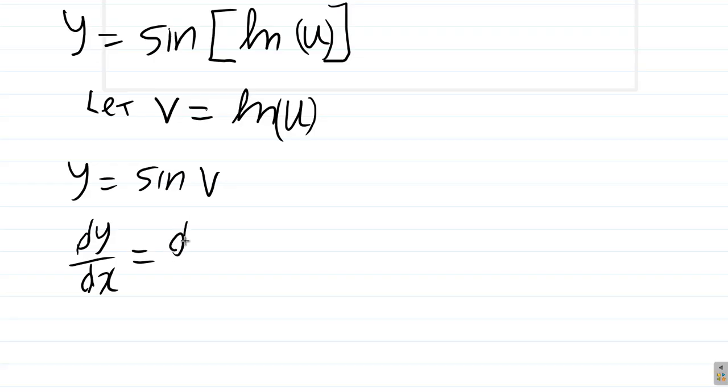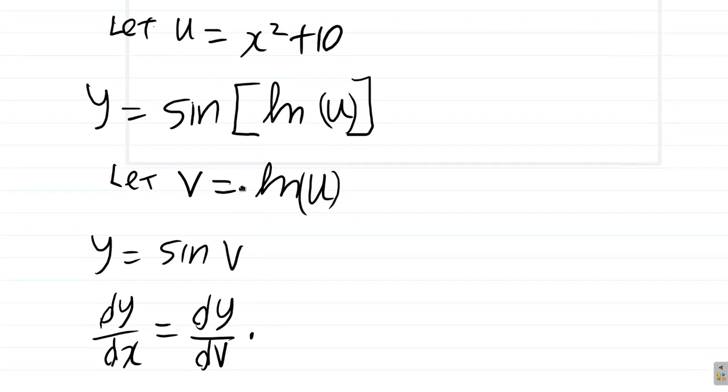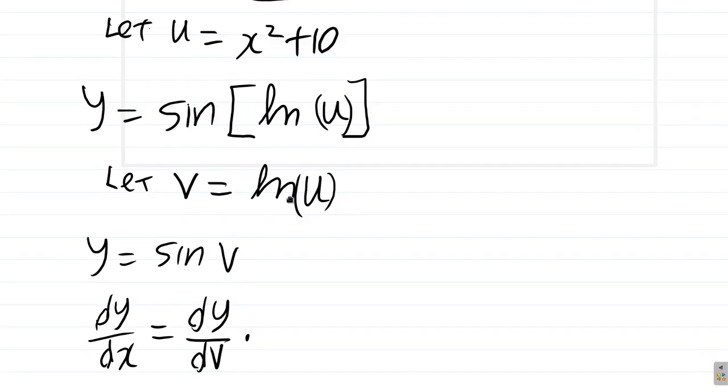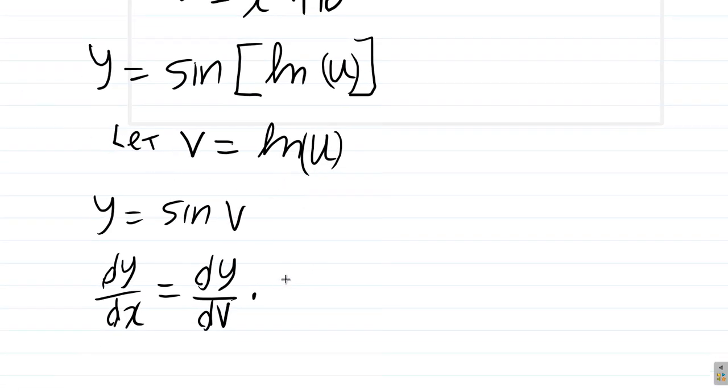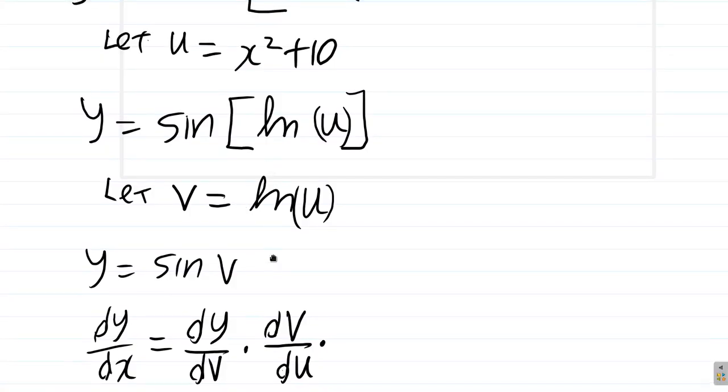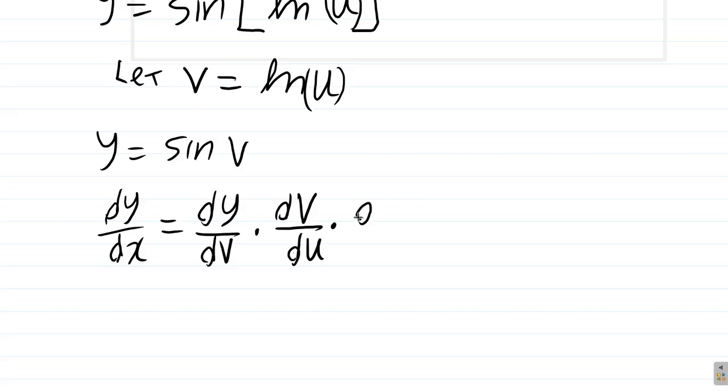So we say dy by dv times, I'm going to put that for multiplication, times, we have v is equal to something u, so we can times that by dv by du, and notice the dv can cancel the dv, you have dy by du, but we need to go a little further, times, now we have u is equal to something with x, so you can find du by dx, and we have them all now.